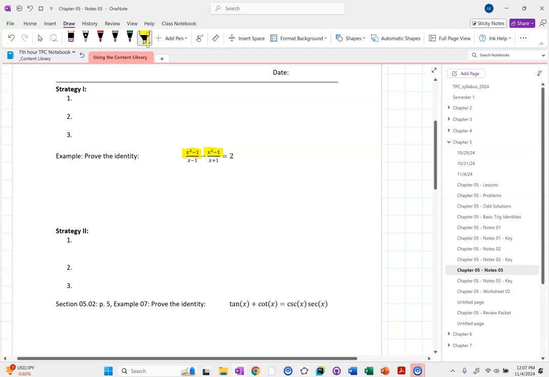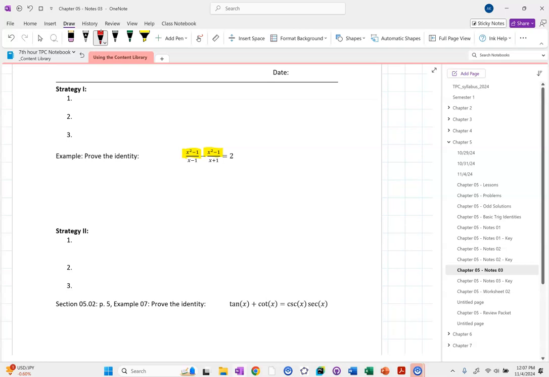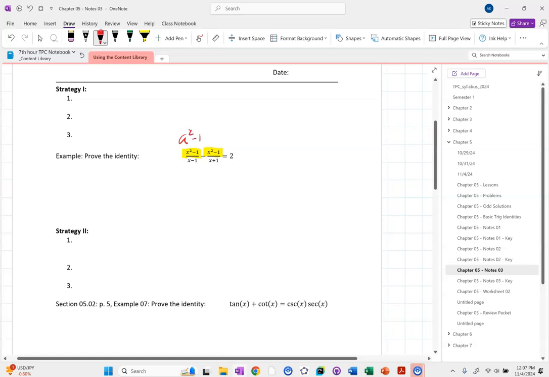What do you notice about those numerators other than they're the same? When I see that, it looks like a difference of squares. So I would choose first to factor.